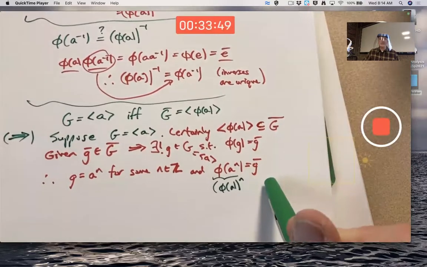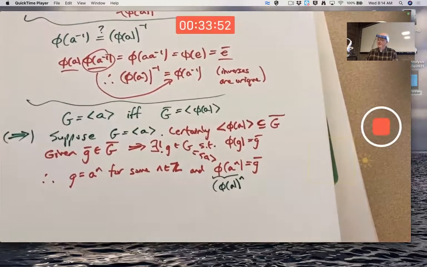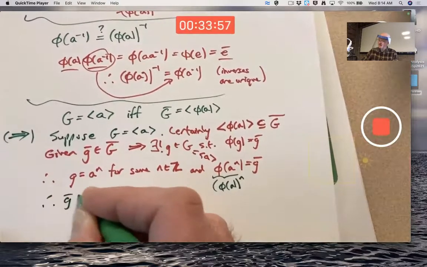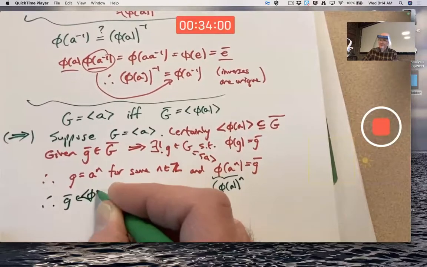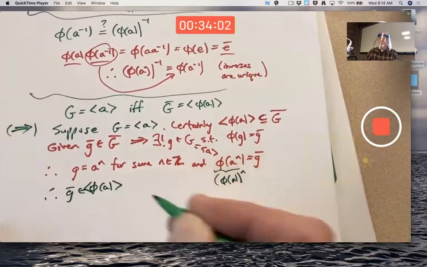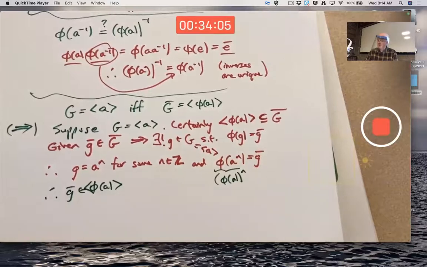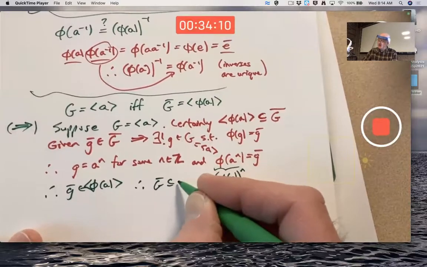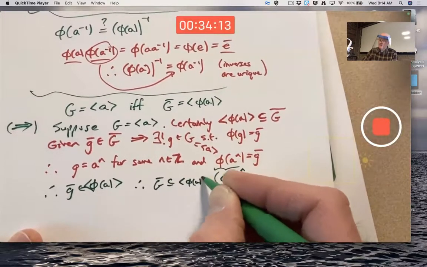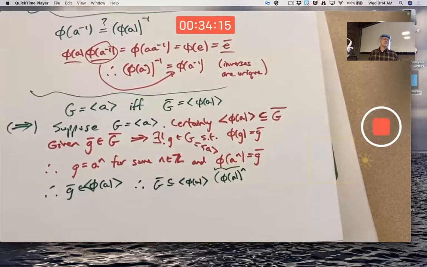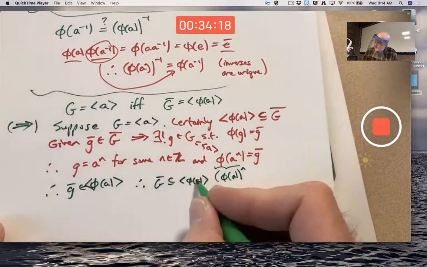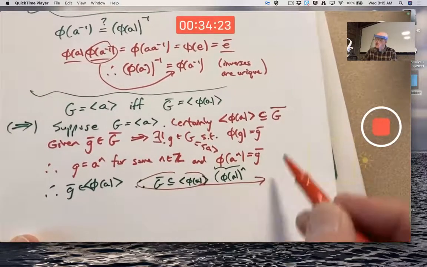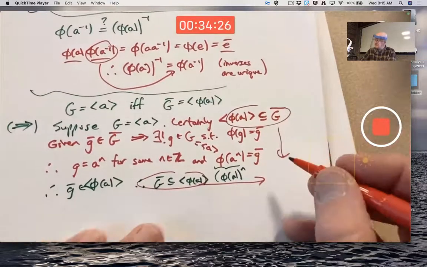In other words, G bar is a power of phi of A. Therefore, G bar is in the cyclic subgroup generated by phi of A. And since G bar is an arbitrary element of capital G bar, therefore capital G bar is a subset of the cyclic subgroup generated by phi of A. And combining those two things, this one and this one, means they're equal.